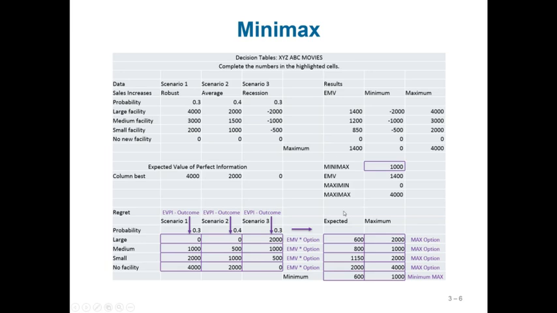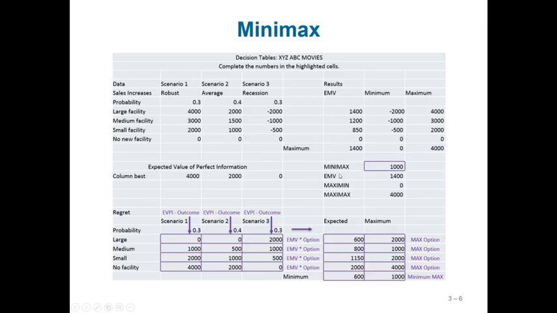I wouldn't necessarily say, well, go with large, because large is 3 times, see the 600, as well as the 4,000 and the expected minimum value there.